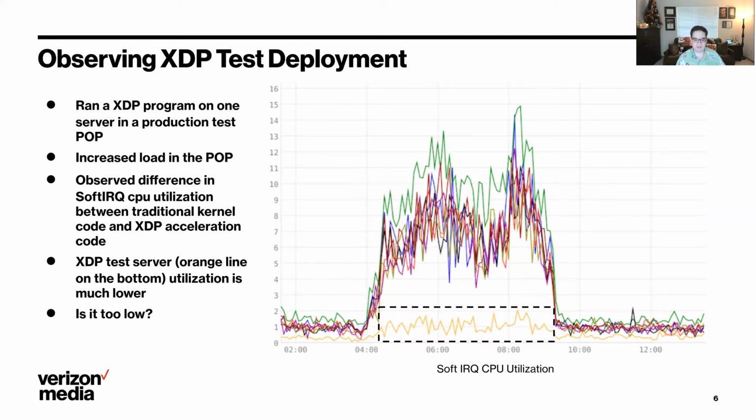In this environment, it runs production traffic, but it's a small environment so that we can safely control the amount of load and minimize any type of variations.